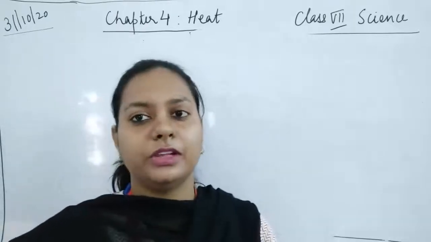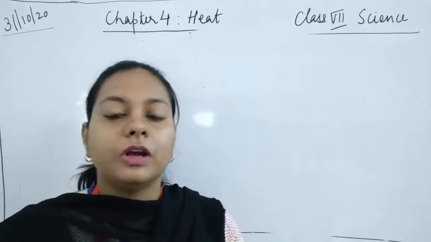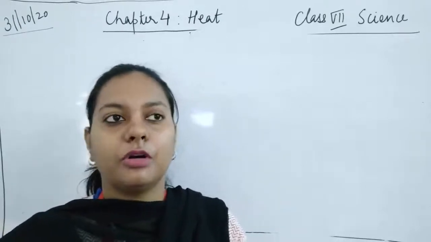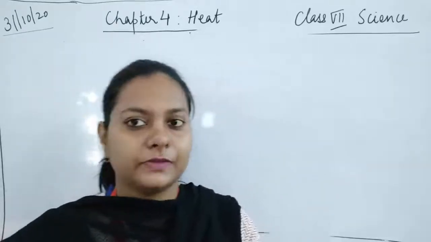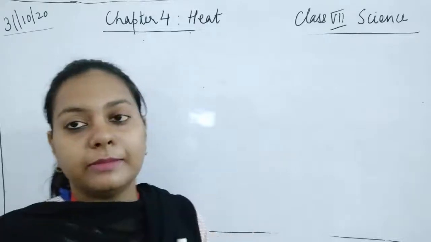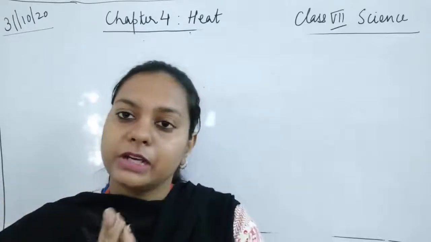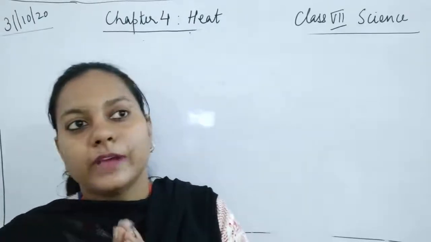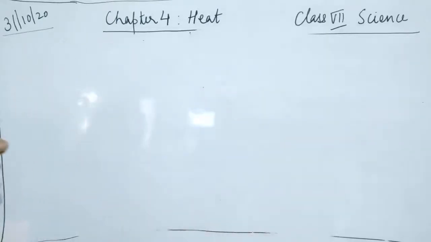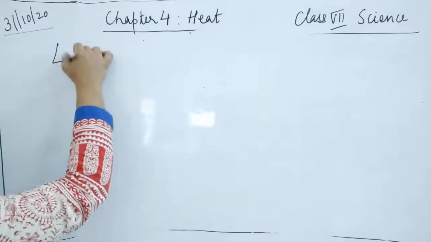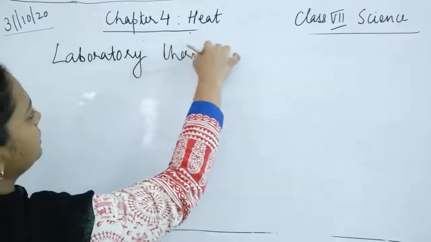Why can we not measure the temperature of any object using a clinical thermometer, and vice versa? It means that for measuring the temperature of the human body we cannot use a laboratory thermometer, and for measuring the temperature of any object we cannot use a clinical thermometer. So I'll give you some introduction regarding the next type of thermometer, the laboratory thermometer.